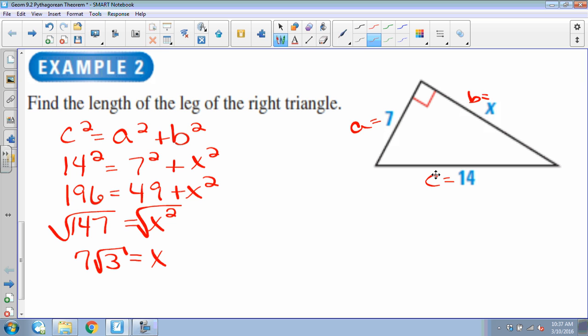In the table, the x values will represent the number outside the radical, and the y values represent the number underneath the radical. So put y1 equals 147 divided by x squared, and then go look at the table. You only want to look at the whole number values, the pairings for x and y that are whole numbers. And you'll see 7 and 3. That's 7 square roots of 3.